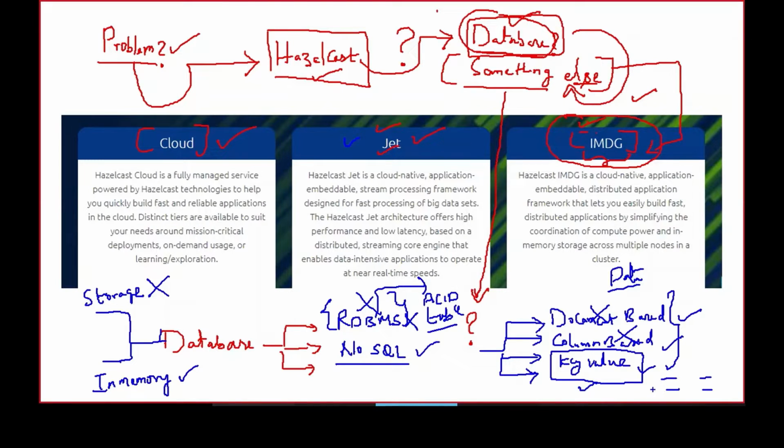So in what way Hazelcast stores the data is, it stores the data in key value, and stores is the exact word which we are using. Where it stores, does it store on storage, or is it storing information only on memory? So it is in memory storage. It is not storing information on the storage devices. It is storing only on the memory.